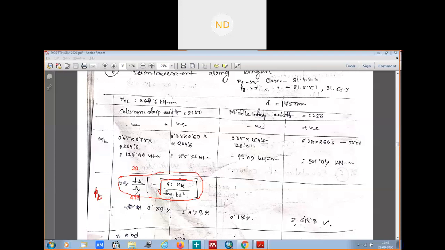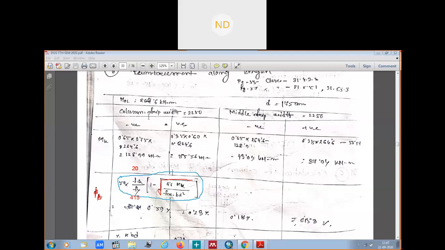We have already got this one. This Mu we know is 128.99. Then fck again we know is 20. Bd square. Now in bd square, the d we know, that's why we have written here the d effective depth, we have to consider this.